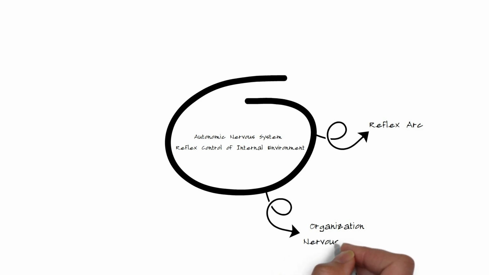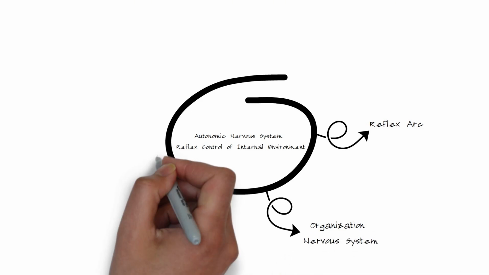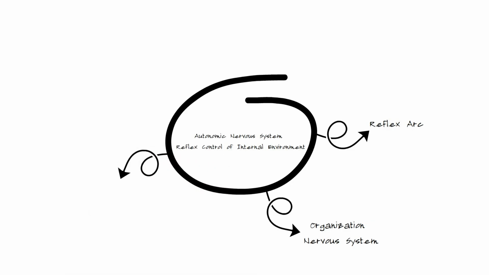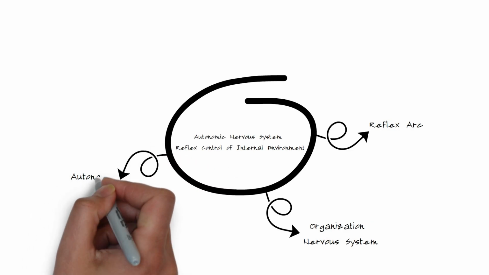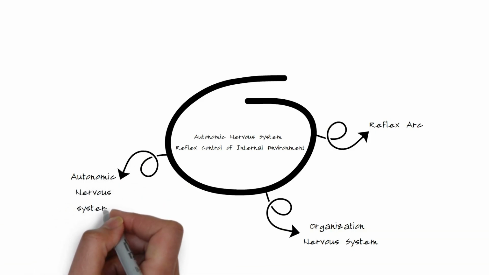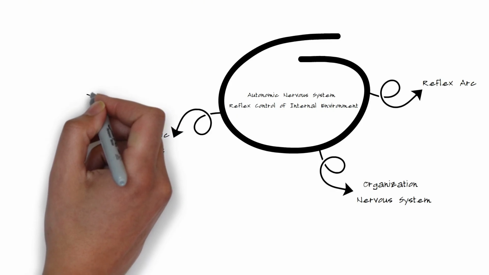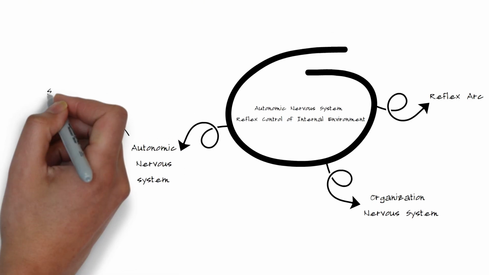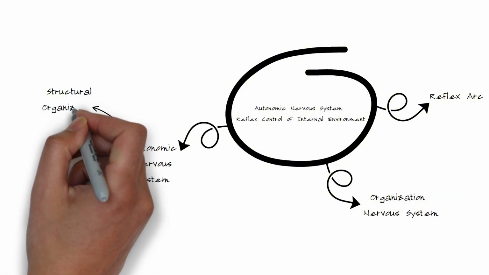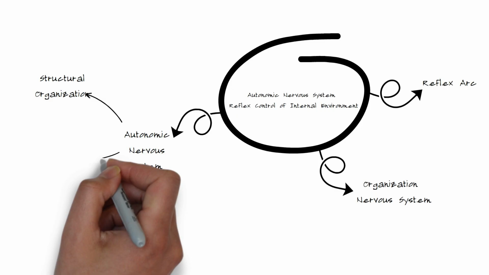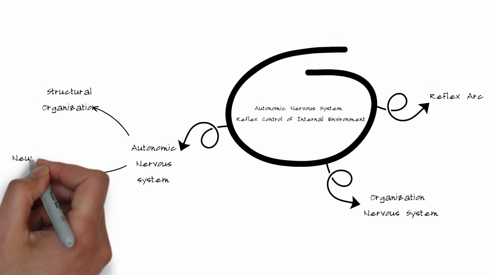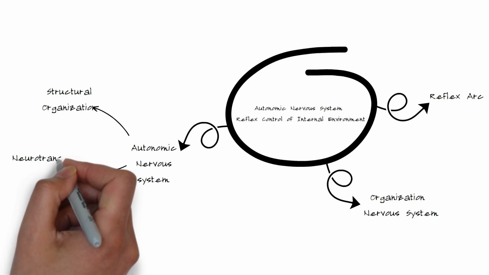Welcome back to MemoMap. Today our map is about the autonomic nervous system, which is one of an important reflex control of the internal environment. And today we are going to discuss first the reflex arc, the structure of the reflex arc. Then we are going to zoom out on the nervous system, which is divided into two parts, the CNS part and the peripheral nervous system part.